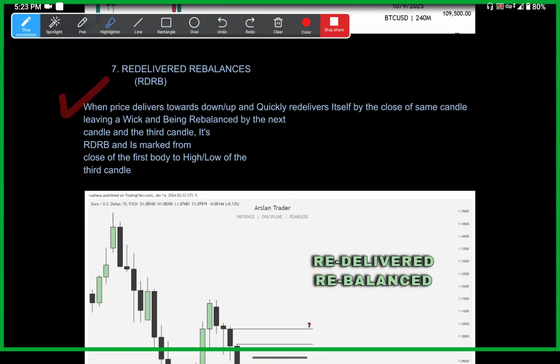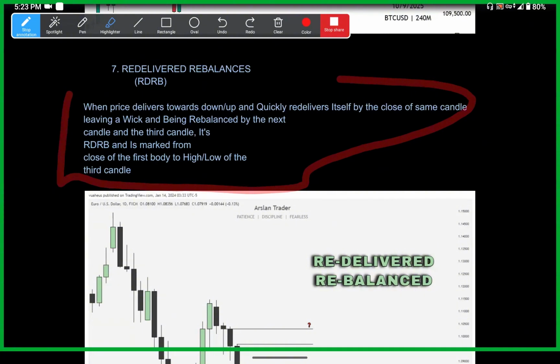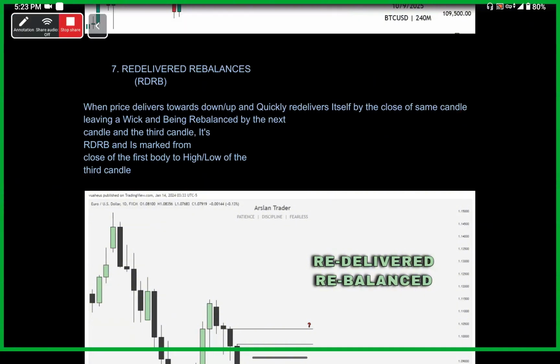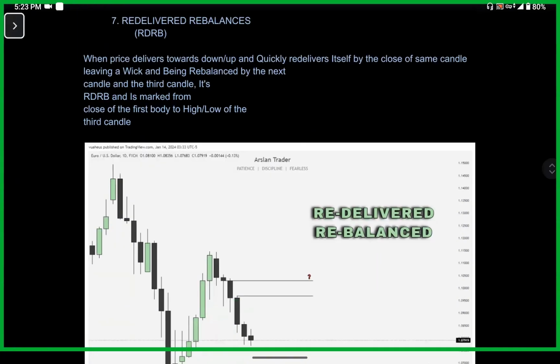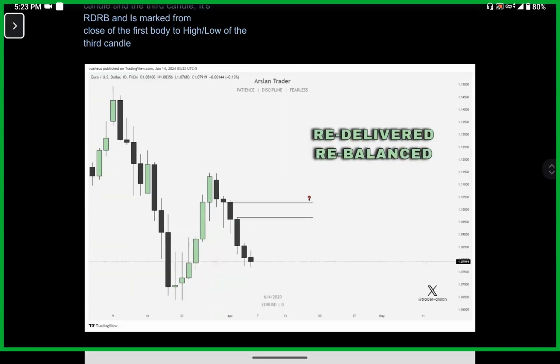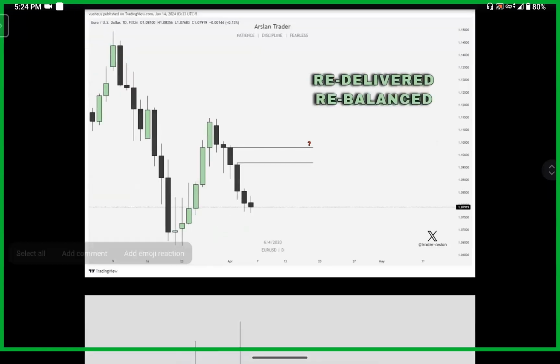So this is what we call redelivered, from the close of the first body to the high or low of the third body. I know you don't need to cram all this, just be able to implement it. You just need to understand how it is formed and how price reacts.